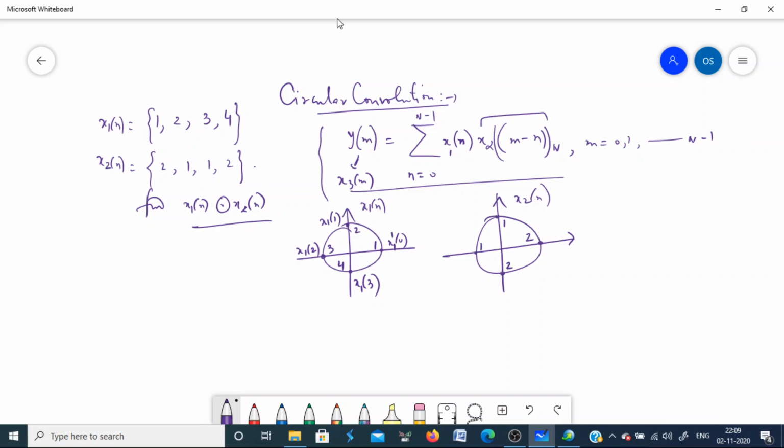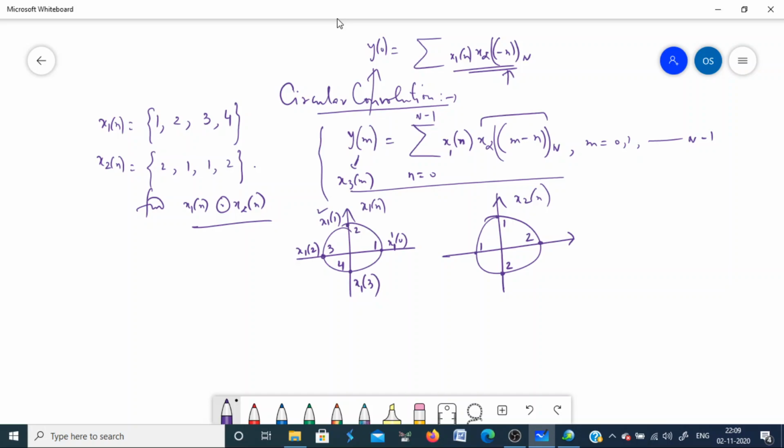So what we do now, we again fold one sequence, then multiply with the other sequence, and add, and you will get y0, the first sample. From this equation, y0 is nothing but x1(n) times x2(minus n mod N), because m is 0. So x2(minus n mod N) is nothing but the folding of x2.